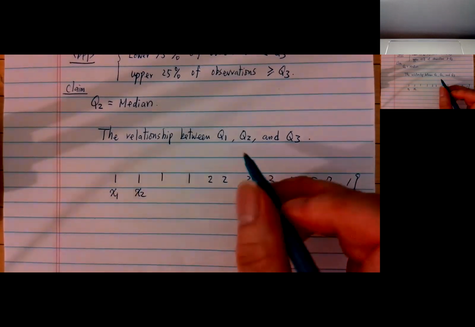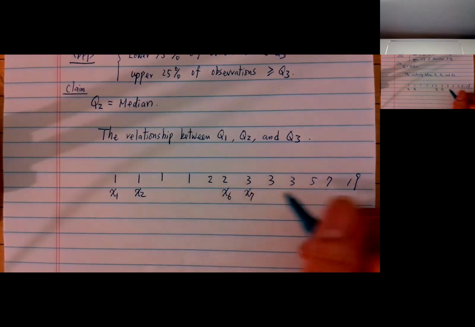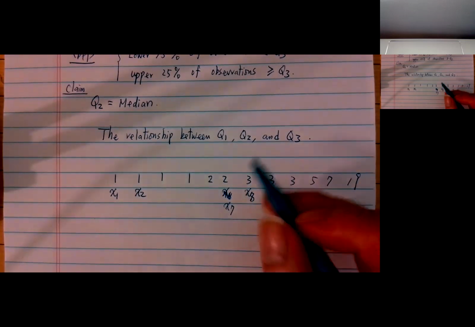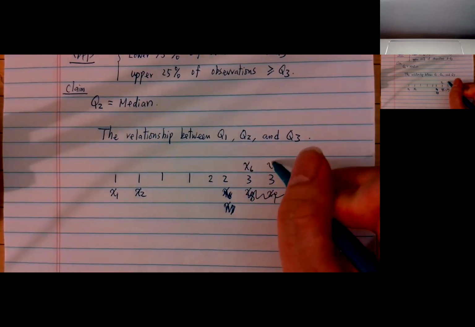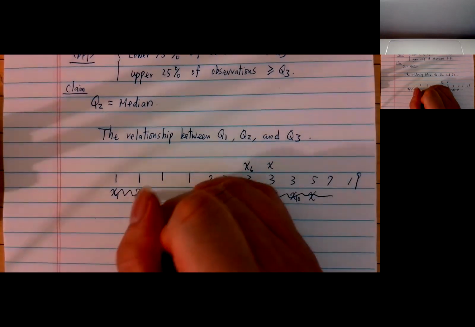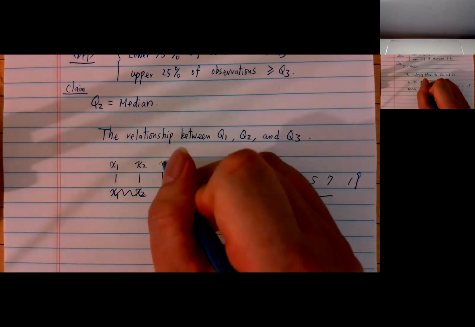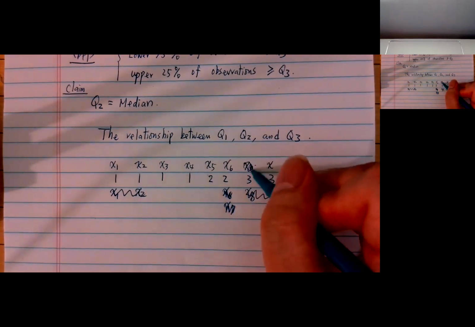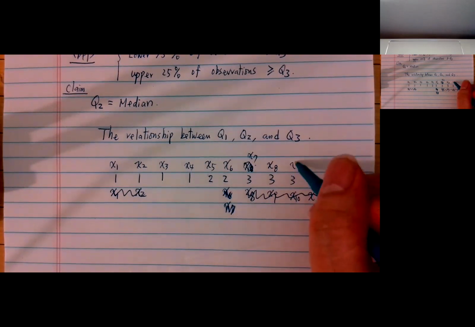Did I make a mistake? I made a mistake. This is X1, X2, X3, X4, X5, X6, X7, X8, X9, X10, X11, and X12. Okay?